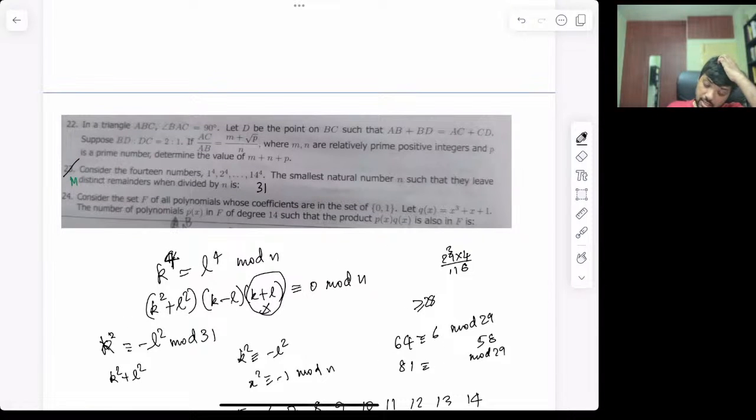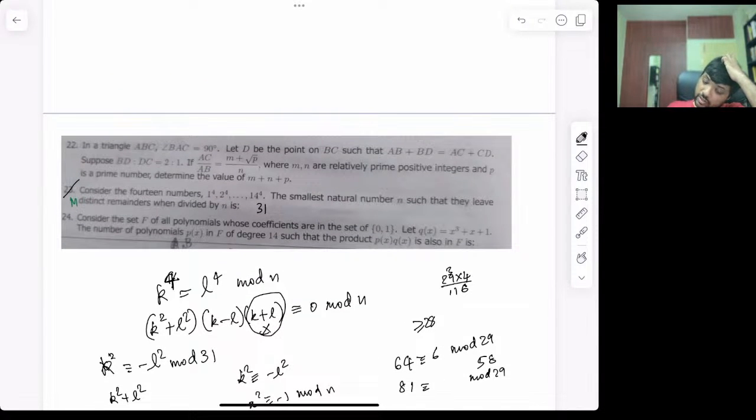So let's consider a set F of all polynomials whose coefficients are in the set 0, 1. Let Q of x be x cube plus x plus 1.